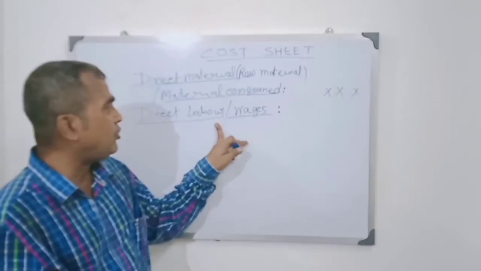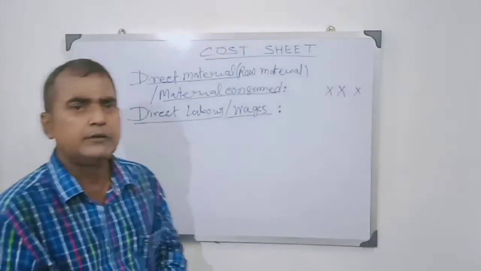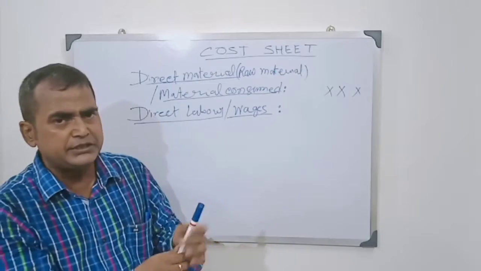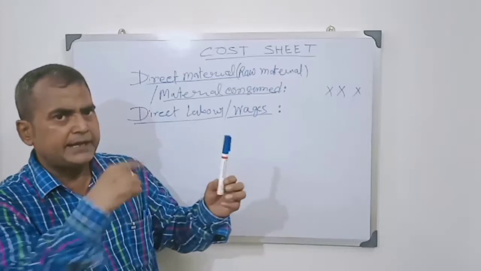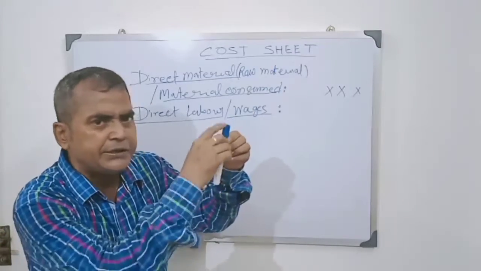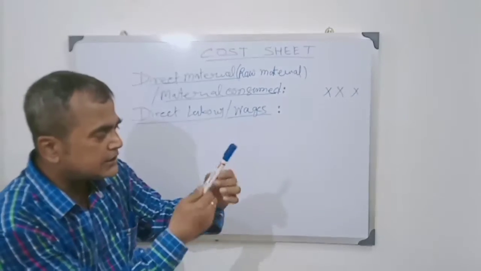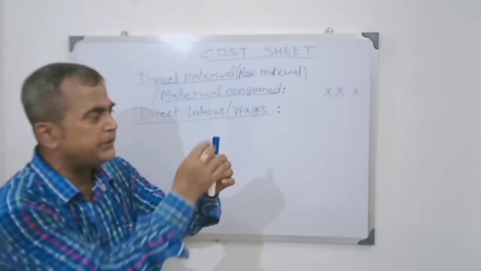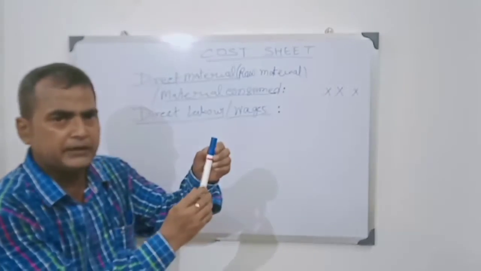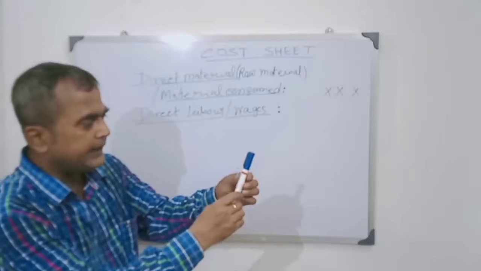So overhead costs are quite different from the prime cost. Prime cost, yesterday in short I explained. Again repeating, prime cost means the cost primarily identifiable in the product. This is white material and green material, so the blue material which is identifiable. So material consumed, and then direct labor.